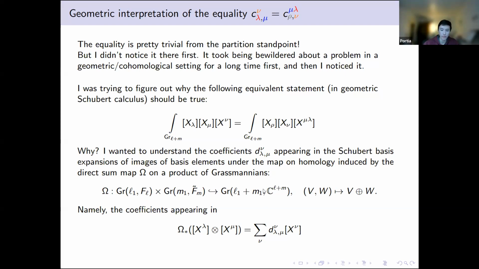And then in my own work, I needed to think about the push forward map on homology induced by this thing, and I needed to think about how to expand out the image of a basis element as a linear combination of Schubert basis elements. So these things are those coefficients, and they have plagued me.